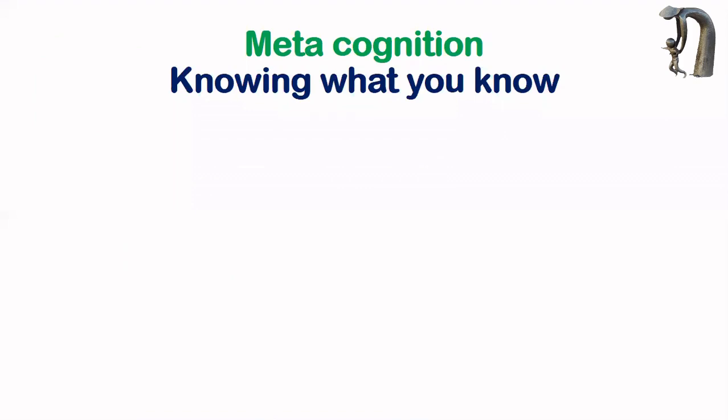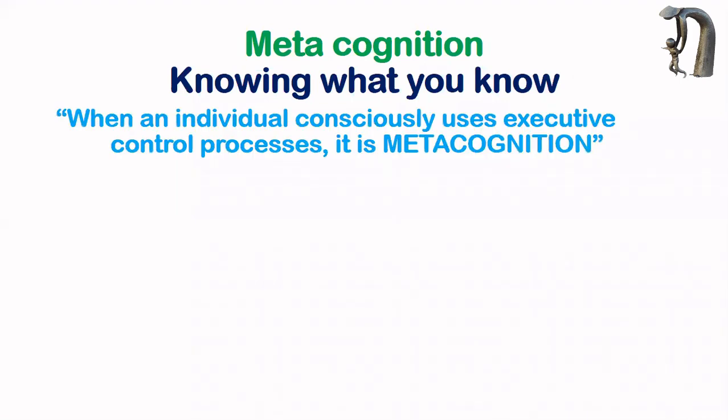Now, metacognition is knowing what you know. Knowing what you know means what? When an individual consciously uses his mind, his executive control process, that is called metacognition.